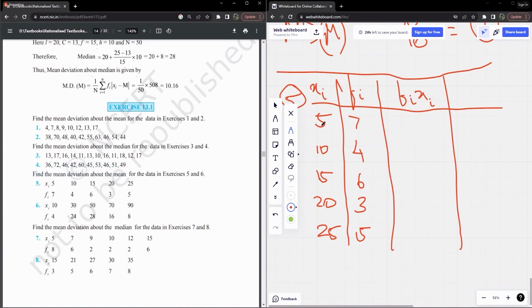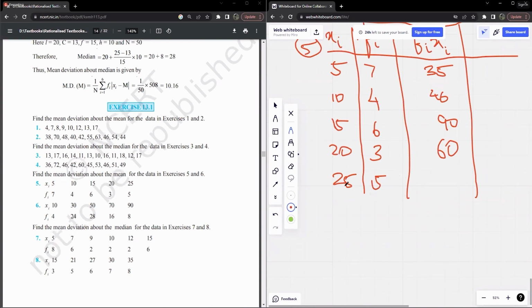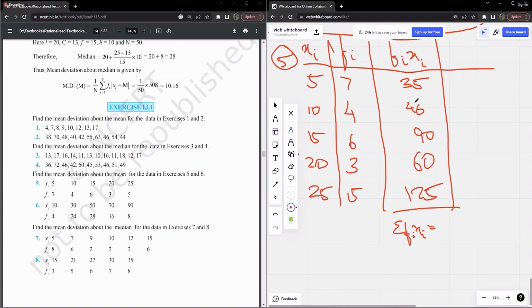That's it. So we have this to be 7 into 5, that's 35. This to be 4 into 10, that's 40. This to be 6 into 15, that's 90. This to be 3 into 20, that's 60. And this is 5 into 25, that's 125. Right. So the sum of fixi, sigma fixi is equal to 350.